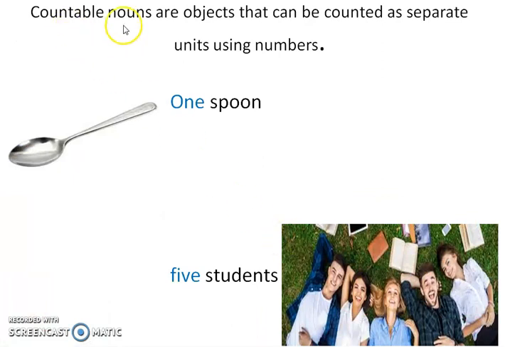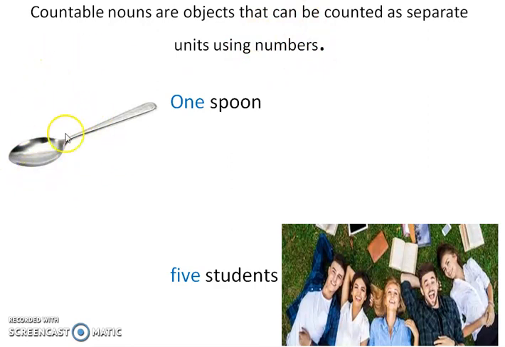Okay, countable nouns are objects that can be counted as separate units using numbers. So we can count the countable nouns. They can be counted. Counted with what? With numbers. We use numbers to count the countable nouns. So we can make them plurals by adding s or es, and we can count them using numbers. Like this one.